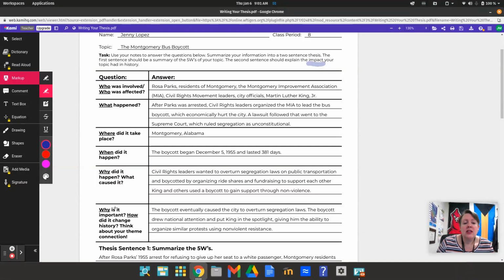So who was involved or who did it affect? Rosa Parks, the residents of Montgomery, the Montgomery Improvement Association. Are these in sentence form? Not really. This is just like notes, and this is all based on research.